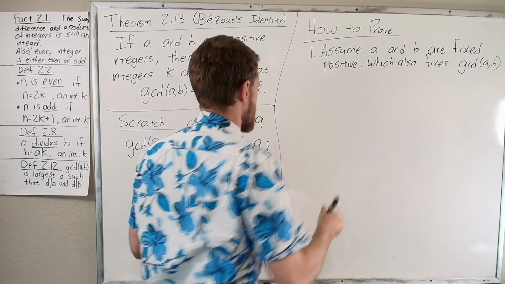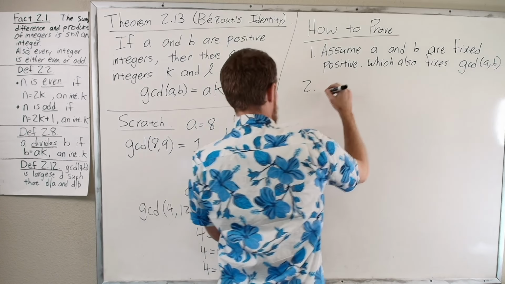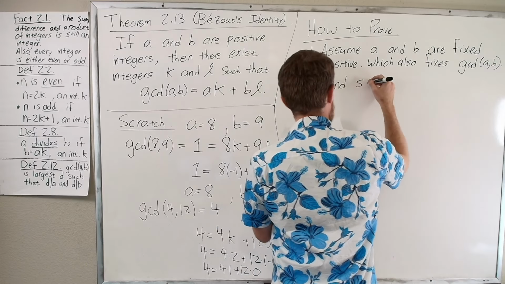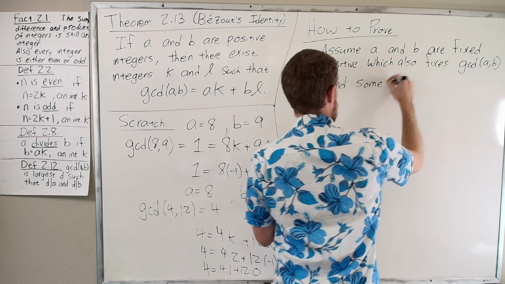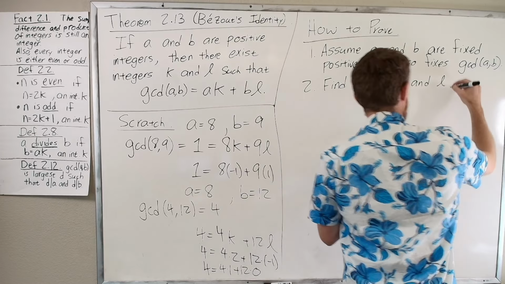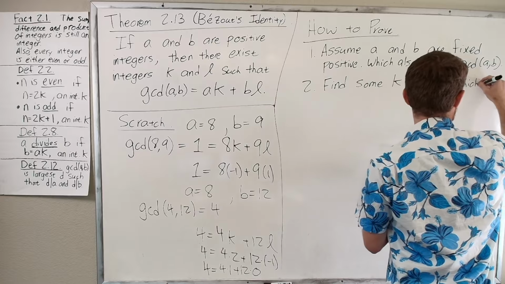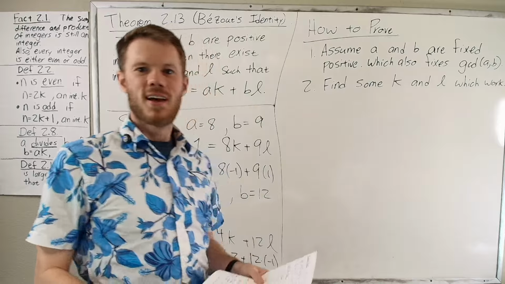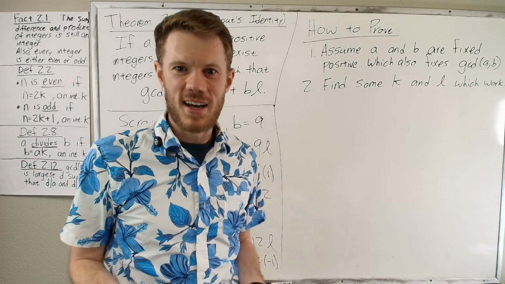Okay? Step 2 in our proof is going to be to find some K and L which work. So this is the step that requires a good idea.